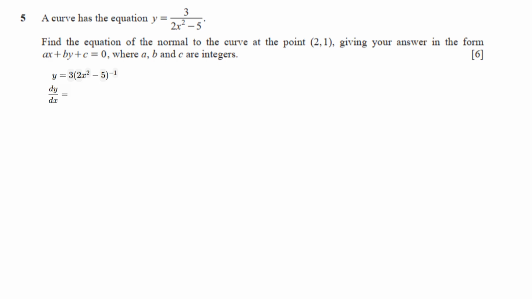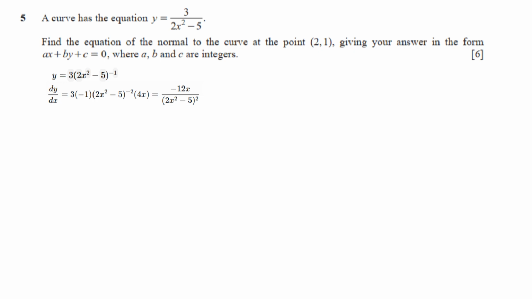Dy by dx equal to 3 times the power, which is negative 1, times the base 2x square minus 5 the whole power. Decrease the power by 1, so we get the new power as negative 2, times. Now differentiate the x term inside the bracket, so we get 4x. This is equal to minus 12x, the whole thing divided by 2x square minus 5 the whole square.